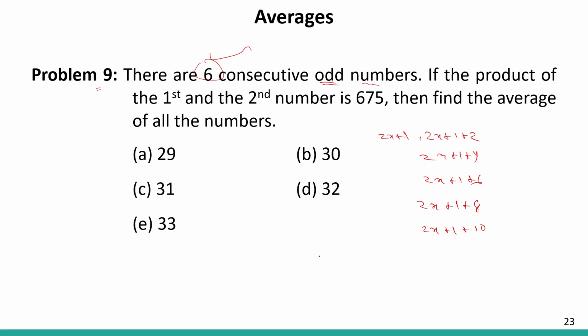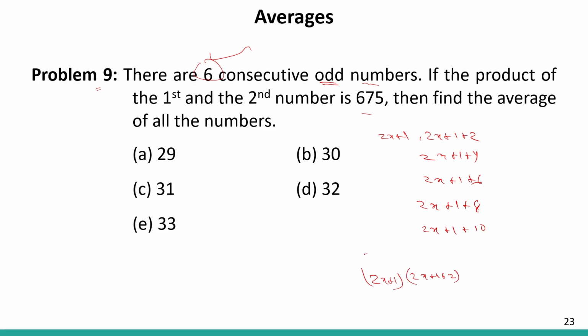Their cumulative sum will be what? There are 6 consecutive odd numbers. If the product of the first and second number is this much, then find the average of all the numbers. It is told to us that it is the multiplication of the first and second. So 2x plus 1 into 2x plus 1 plus 2.